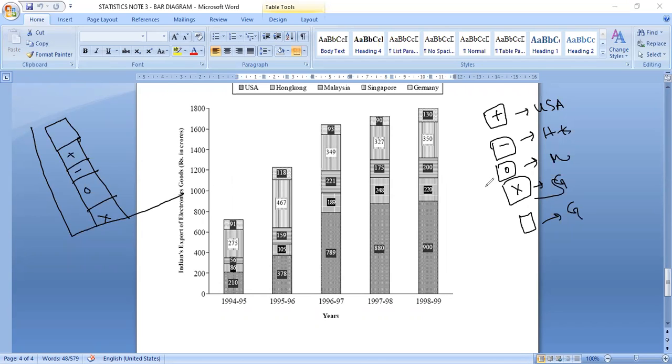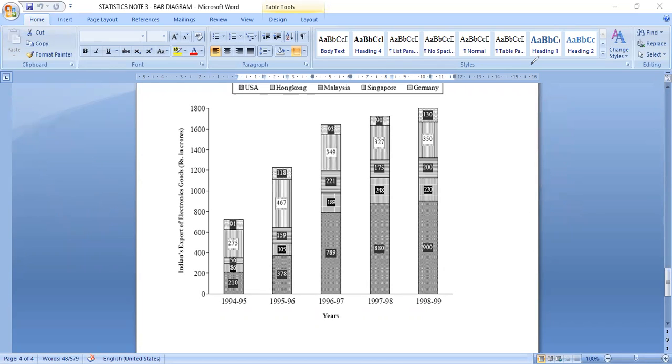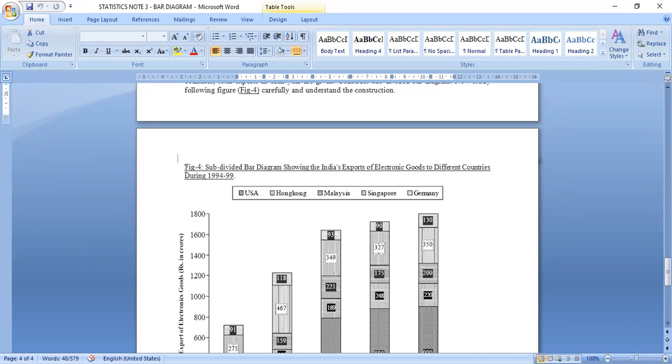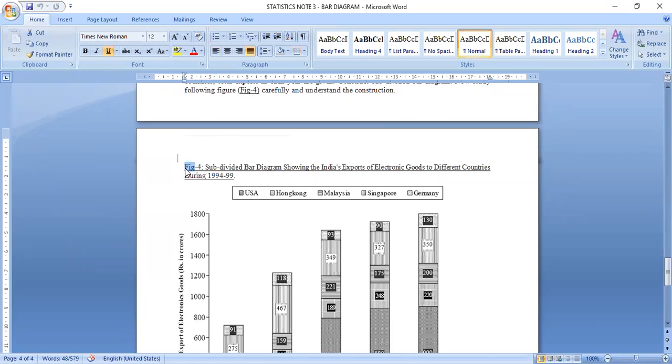Okay, any question regarding subdivision? And obviously for every table you have to write the heading. Like this is the heading. We can also write ABCD.